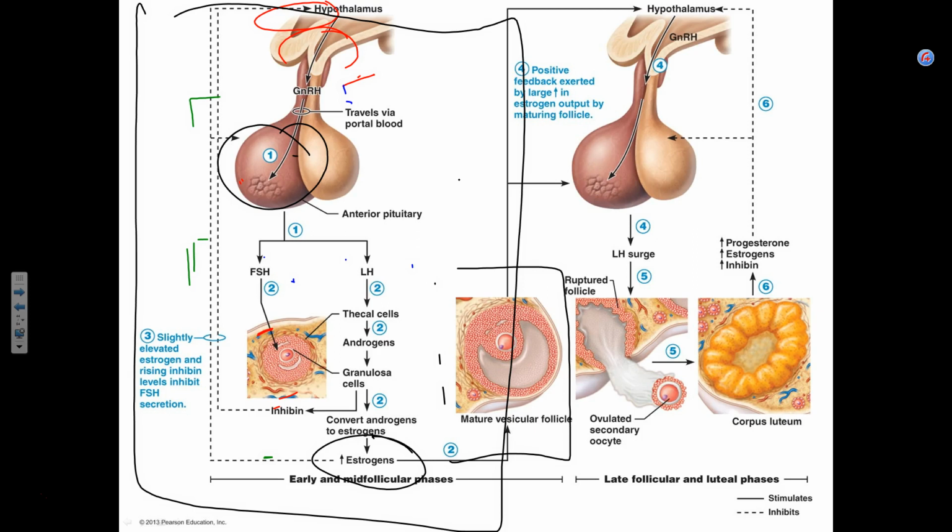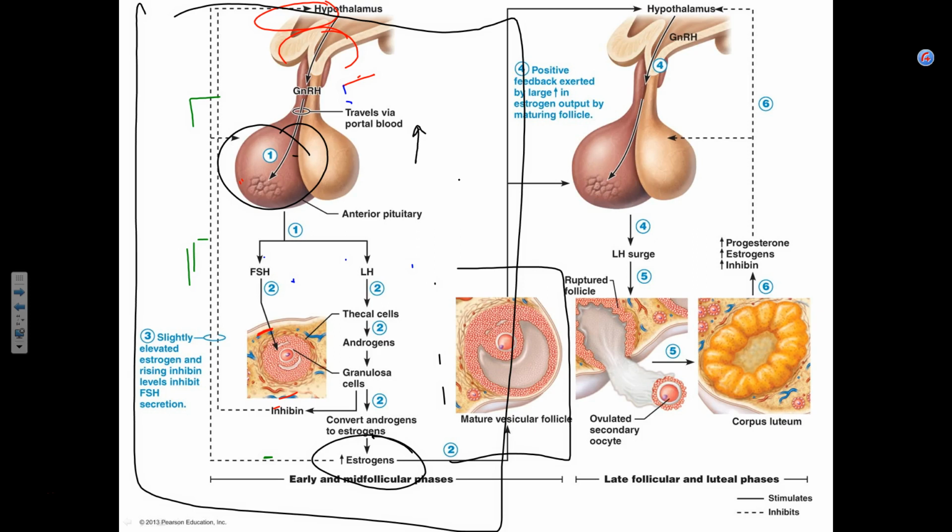I don't remember exactly what the molecular mechanisms are, but the point is that right before the ovulation, the feedback becomes positive.